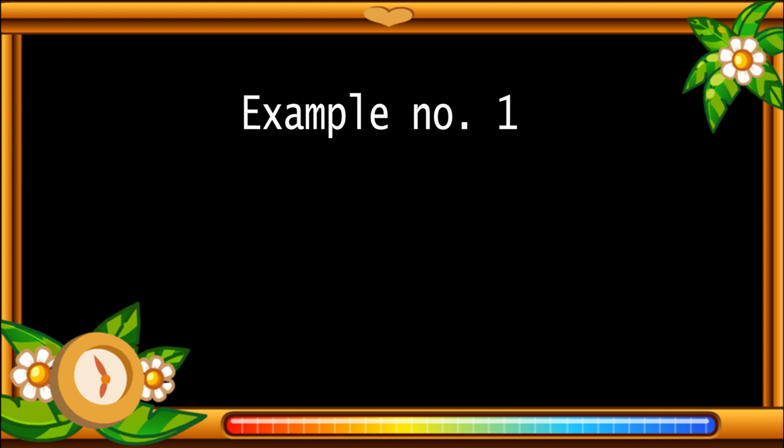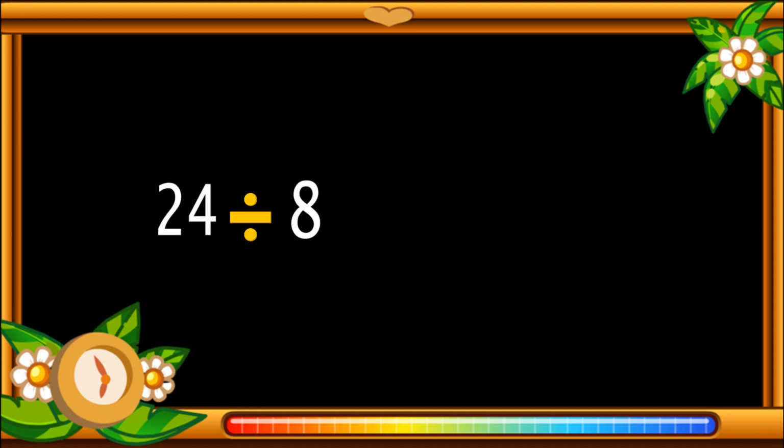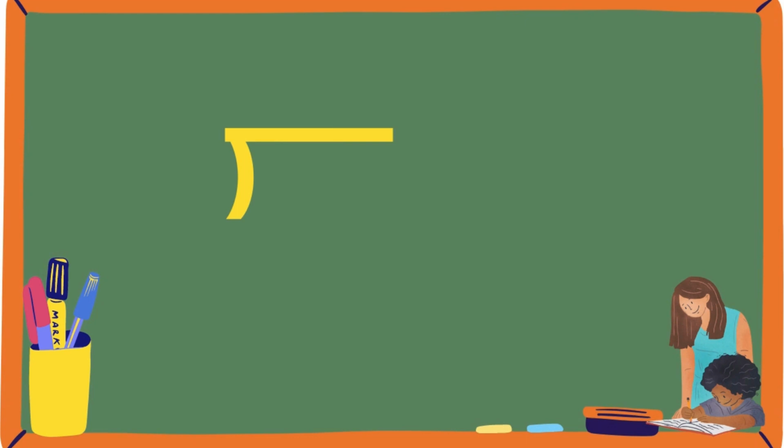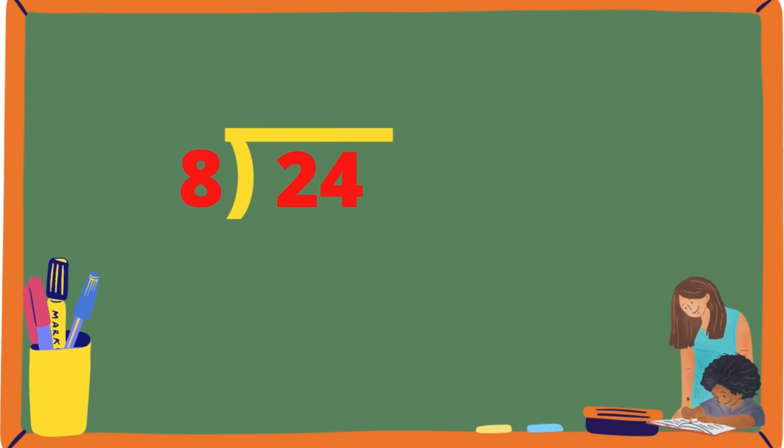Example number 1. 24 divided by 8. It can be written as shown. Write 24 inside the bracket and 8 outside the bracket on the left side.